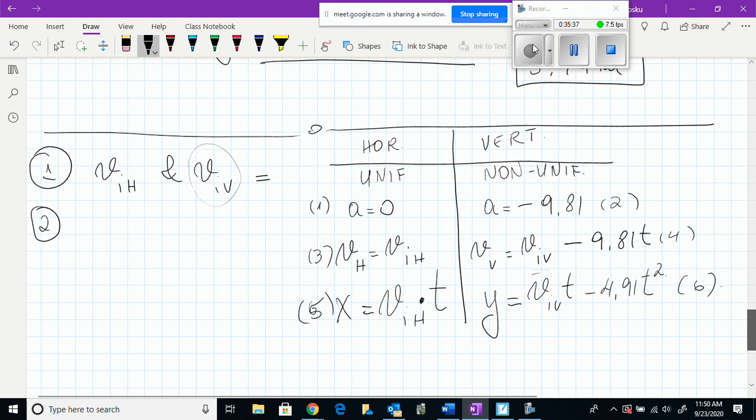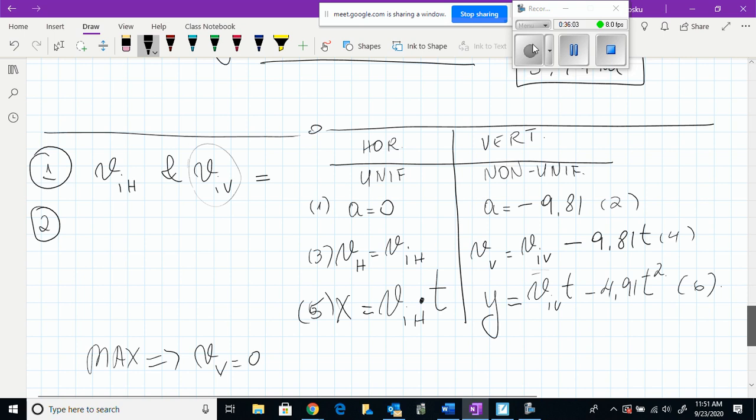for every question that they ask, we will decide which equation to use following the information given. If they are asking for the maximum, it is reached when the velocity in the vertical is equal to 0.